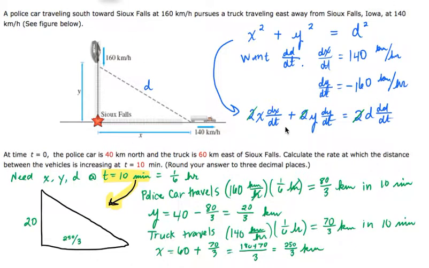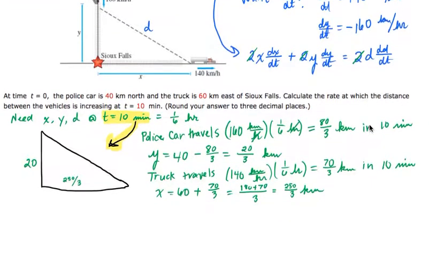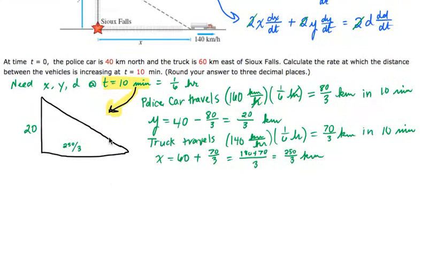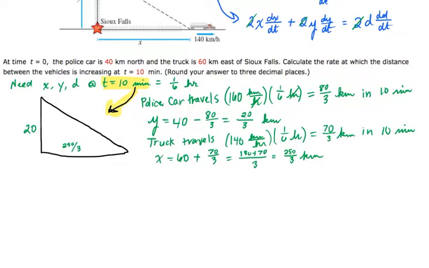Now we can plug those values in up here, and we also are going to need d at 10 minutes as well. So let's go ahead and find this d right here. Again, using the Pythagorean theorem, we'll have 20 squared plus 250 over 3 squared is equal to the hypotenuse squared.